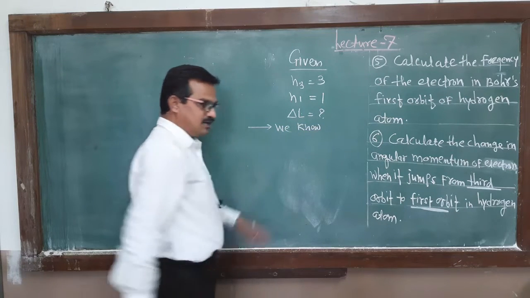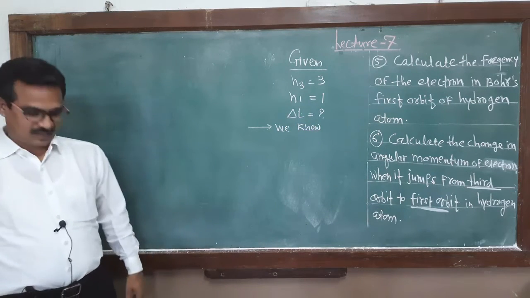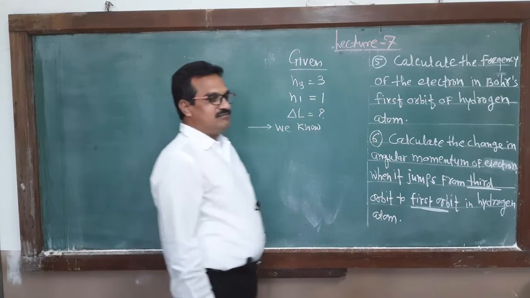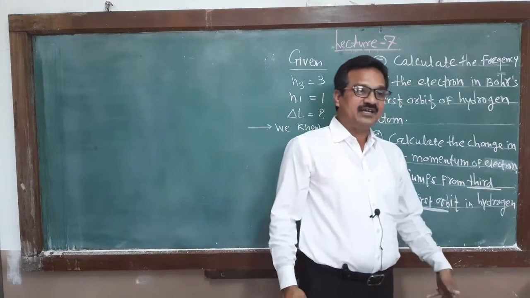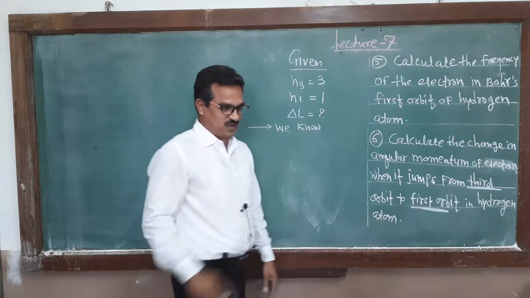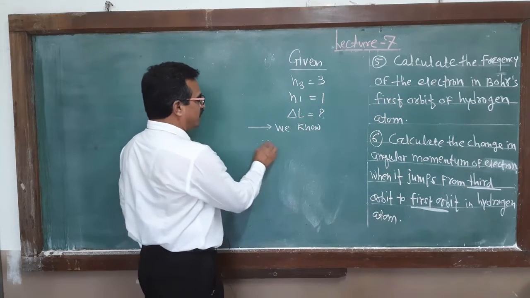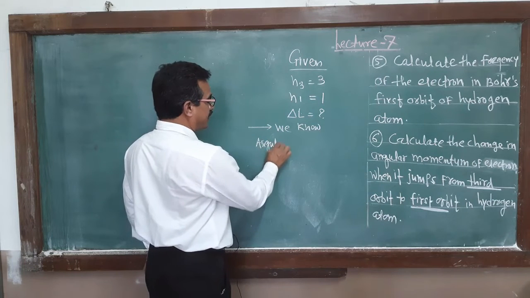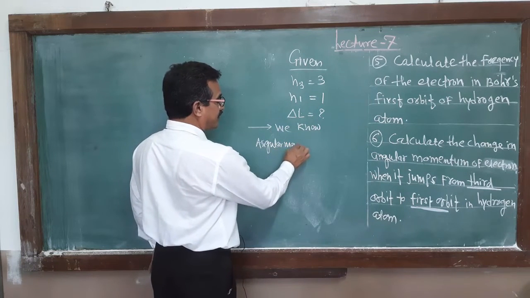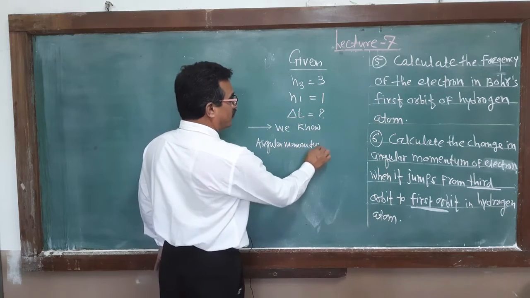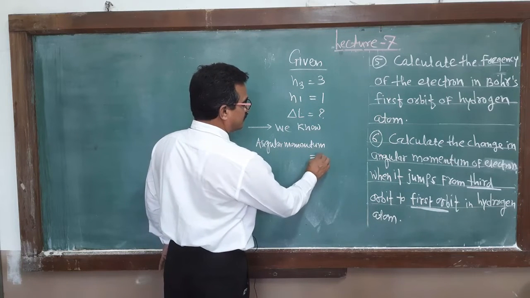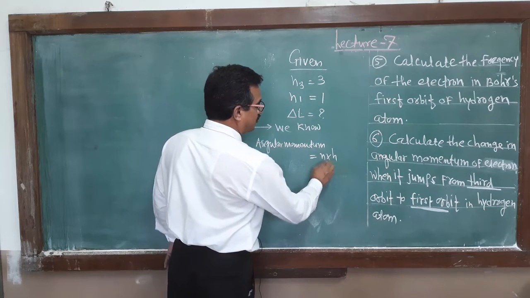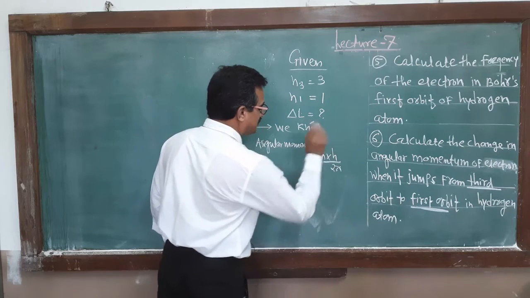According to Bohr's second postulate, angular momentum is an integral multiple of h upon 2 pi, and therefore angular momentum is equal to n multiplied by h upon 2 pi. This is actually the formula.